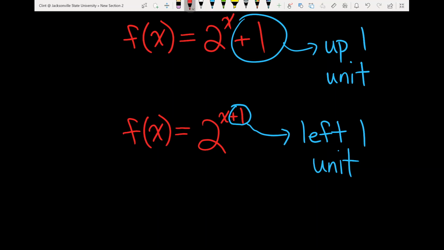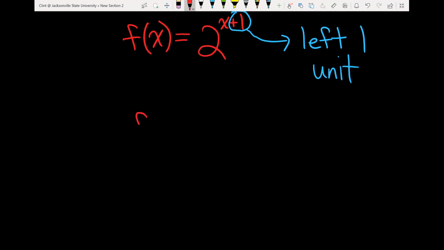There's one other big one we want to know about with these. This one like this. We said we don't let our base be negative, but what if we just throw a negative out in front? So we have negative 2 to the x.